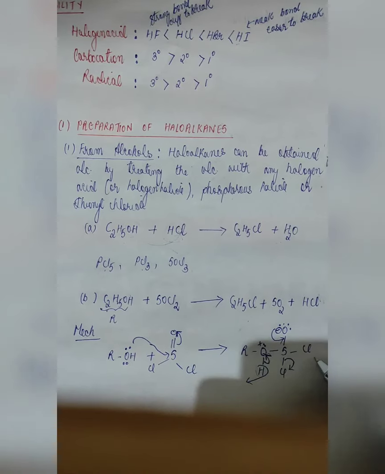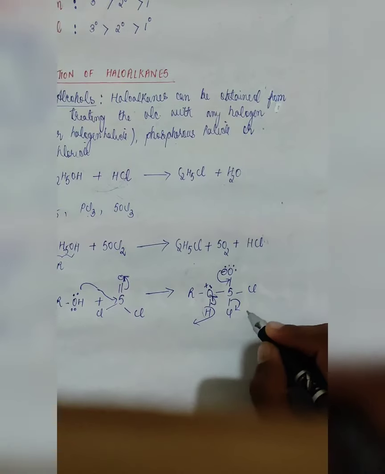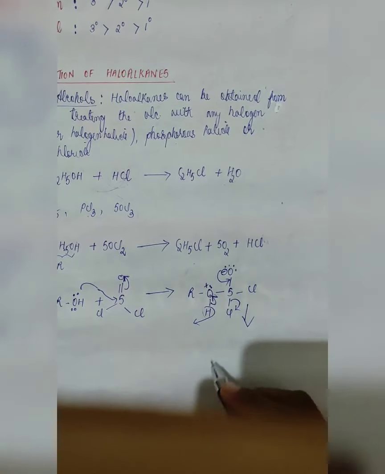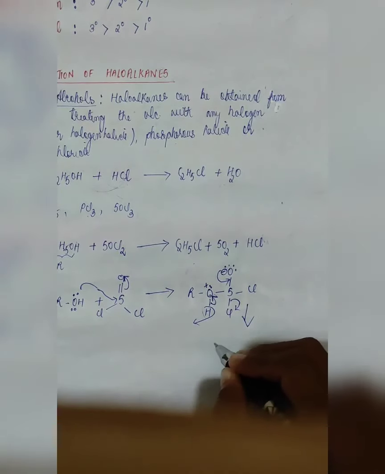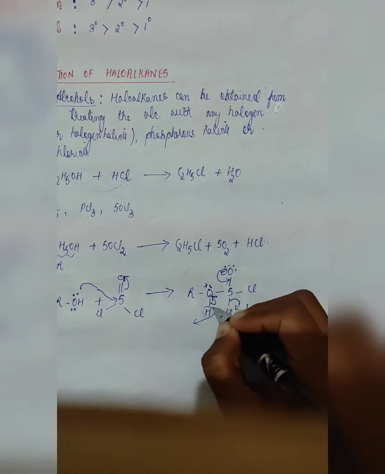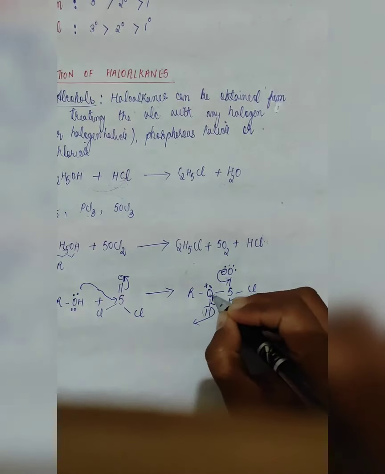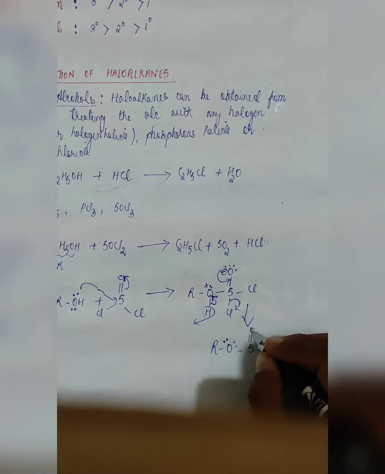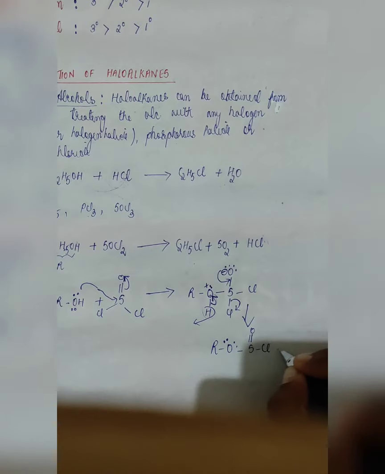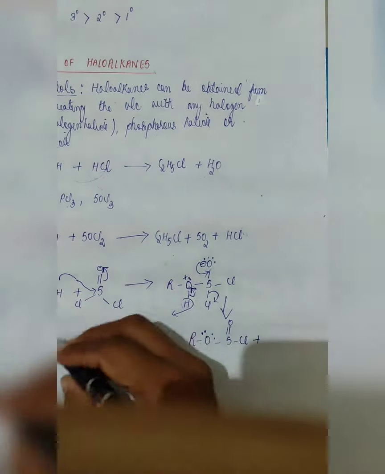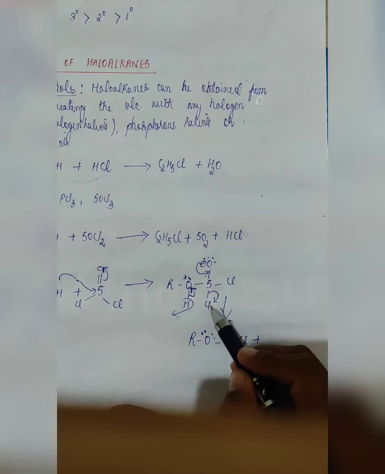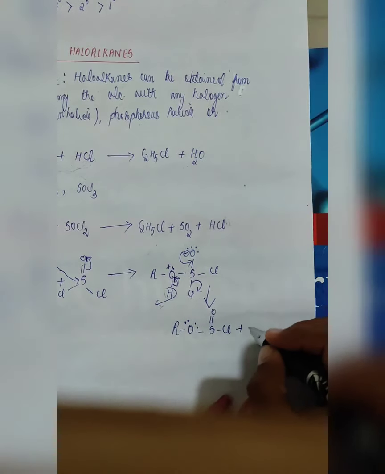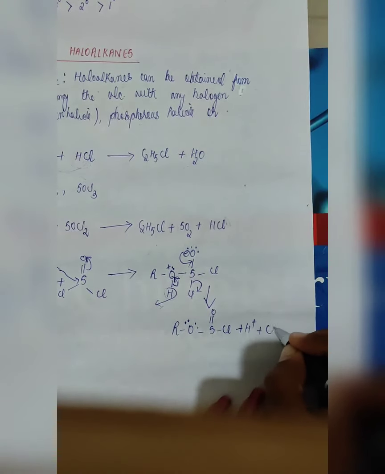Now we will get RO, where oxygen has acquired its electron and now has 2 lone pairs, S double bond O, Cl, plus H+ and Cl-, since hydrogen left and chlorine left.